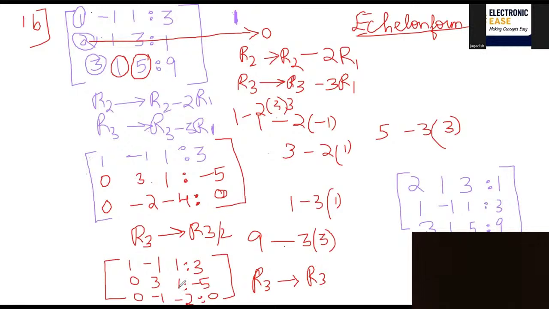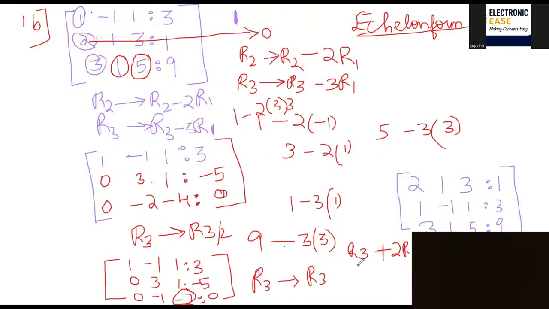Or else I can convert this element to 0 using some row operation. How can I convert it? I can do R3 plus 2R2. I can use this operation and convert that element to 0.